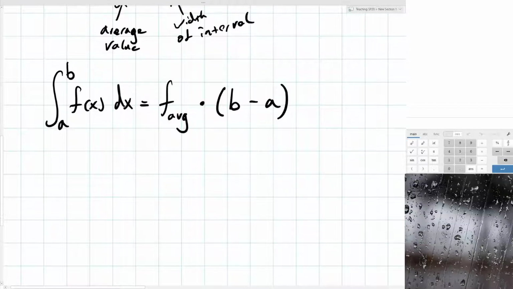So we get our average value formula, which is probably best stated. Of course, I closed my notes.